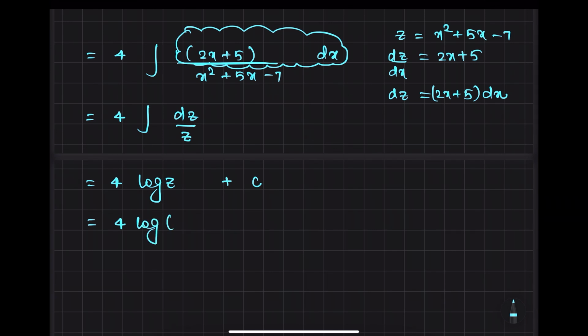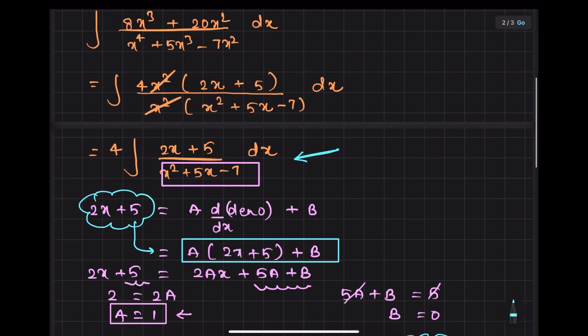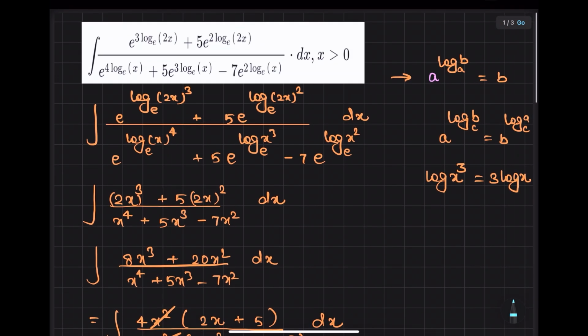The z was x square plus 5x minus 7, plus c. I hope the idea is clear. And now if you get the numerator with a lower power than the denominator, you will solve that question this way.